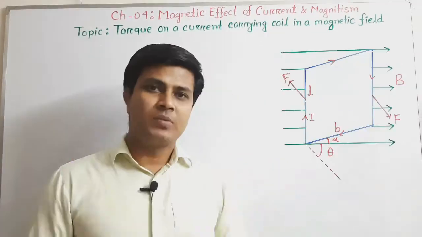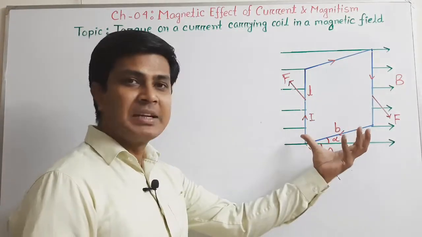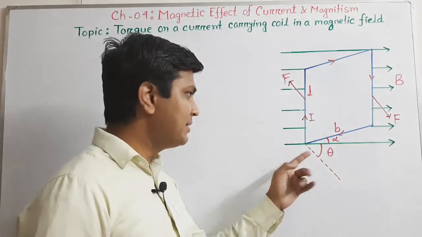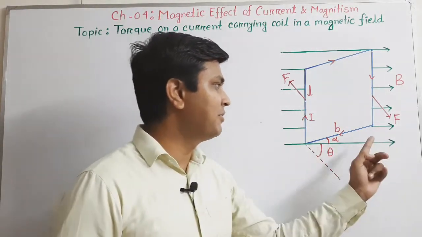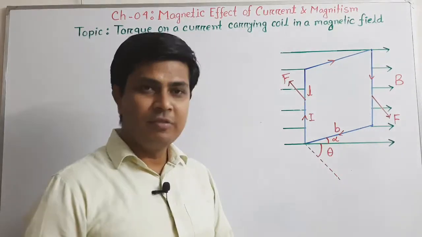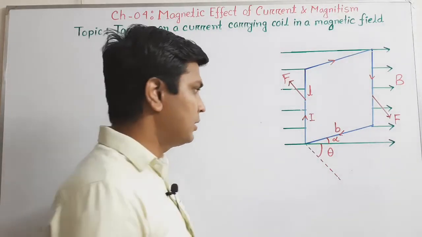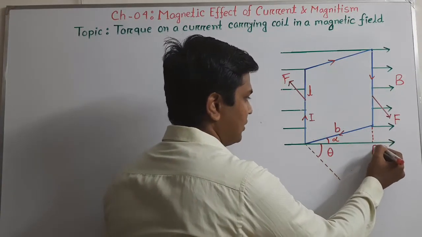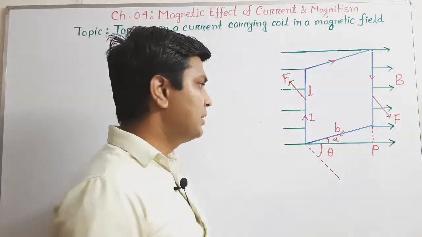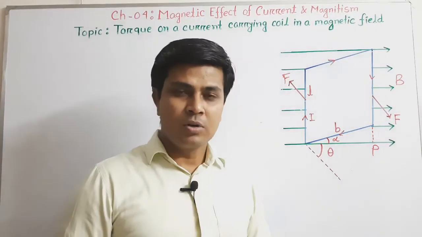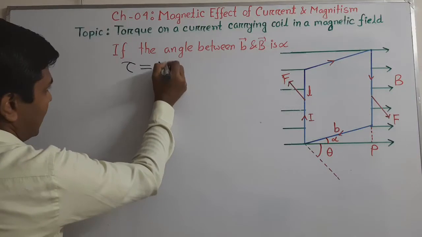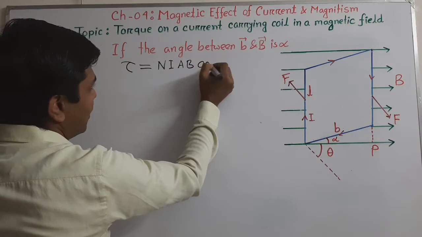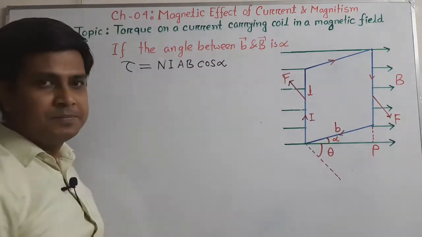Here n represents the number of loops, I represents the current, A represents the area, and B represents the magnetic field. Now if we consider the rectangular coil is not parallel to the magnetic field, that is, it makes an angle alpha with the magnetic field, this is the angle alpha. Then the horizontal component of the torque will be N I A B cos alpha.